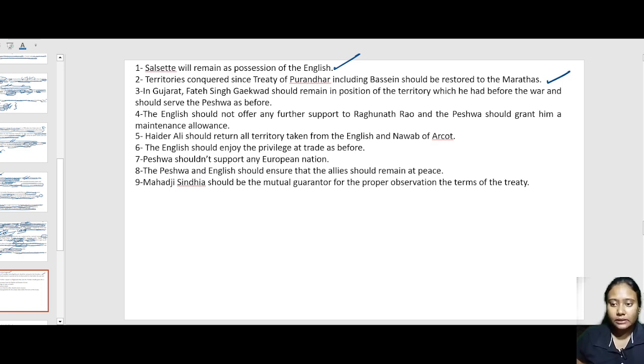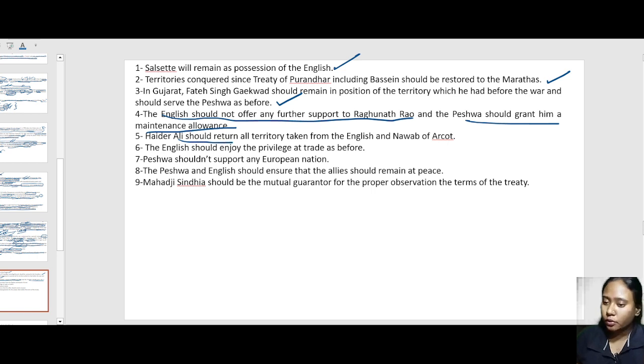In Gujarat, Fateh Singh Gaikwad should remain in possession of the territory which he had before the war and should serve the Peshwa as before. The English should not offer any further support to Raghunath Rao. Got it? So Raghunath Rao would not be given any other support from the English side, and the Peshwa should grant him a maintenance allowance.